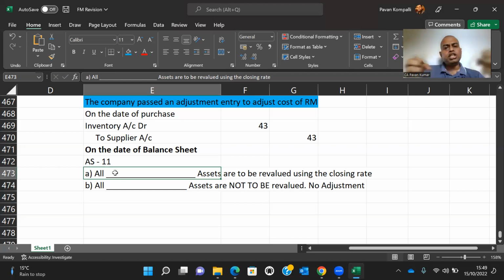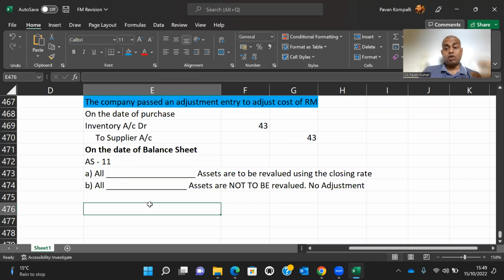All the balance sheet items, be it asset, be it liability. All the assets and liabilities are classified into monetary and non-monetary. You remember that? Half of them do not remember the wordings also. Now you tell me, there are two items, monetary items and non-monetary items.